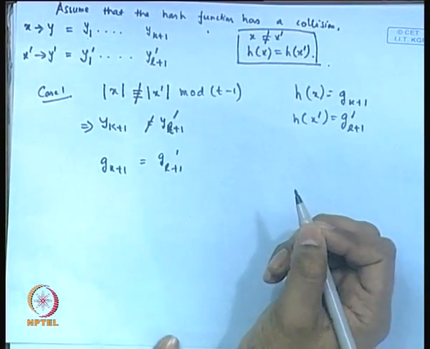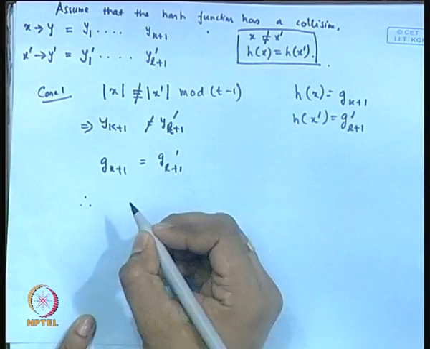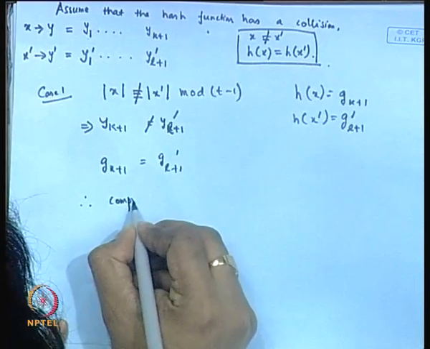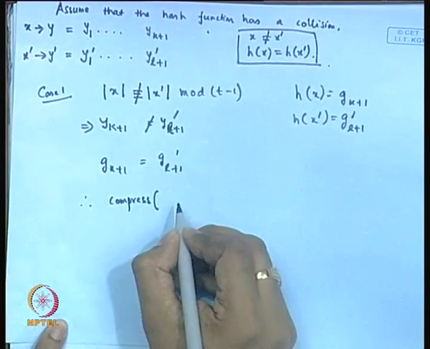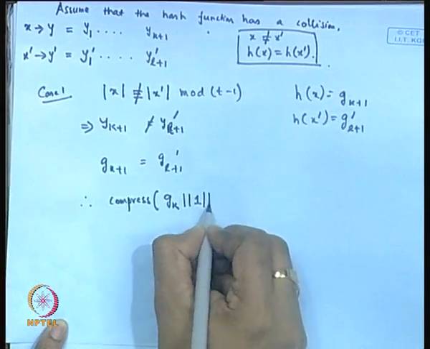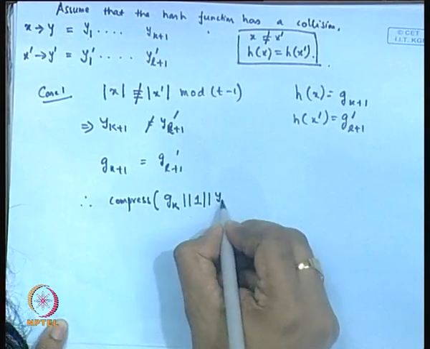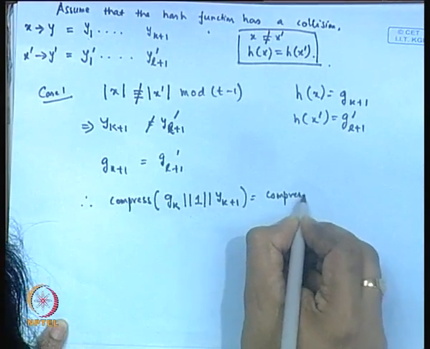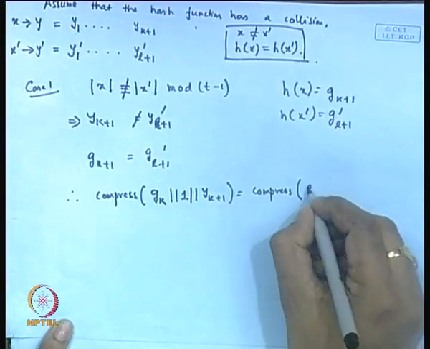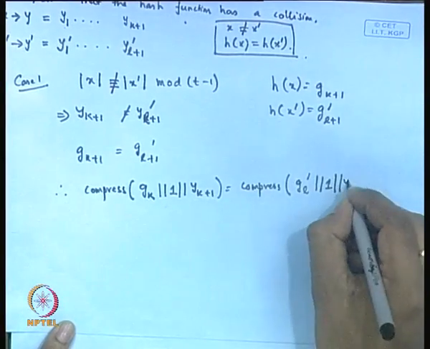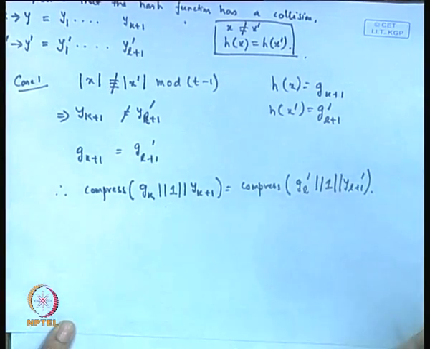Therefore it means that compress of g of k with yk plus 1 will be equal to compress of g dash of l with yl plus 1 dash.